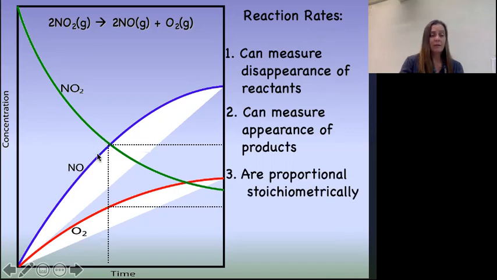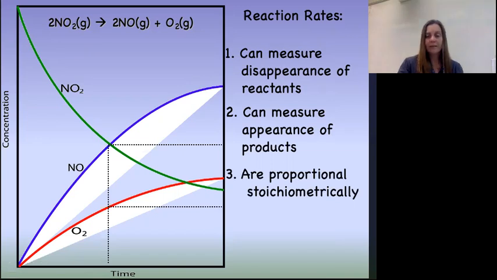But nitrogen monoxide is going to appear twice as fast as oxygen does, because for every 1 mole of oxygen that's created, 2 moles of nitrogen monoxide are going to be created. So we measure reaction rates as change in concentration over time.